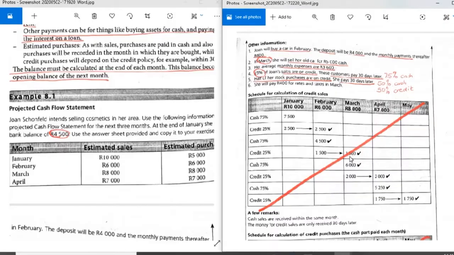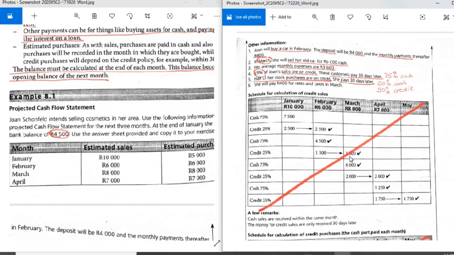Then we have to check if maybe there are other payments. Remember, transaction number 1 said in February, the owner of the business will deposit a car for 4,000 rands. And then the monthly payments thereafter will be 600 rand, meaning that each and every month they will be paying 600 rand for installment of that car.